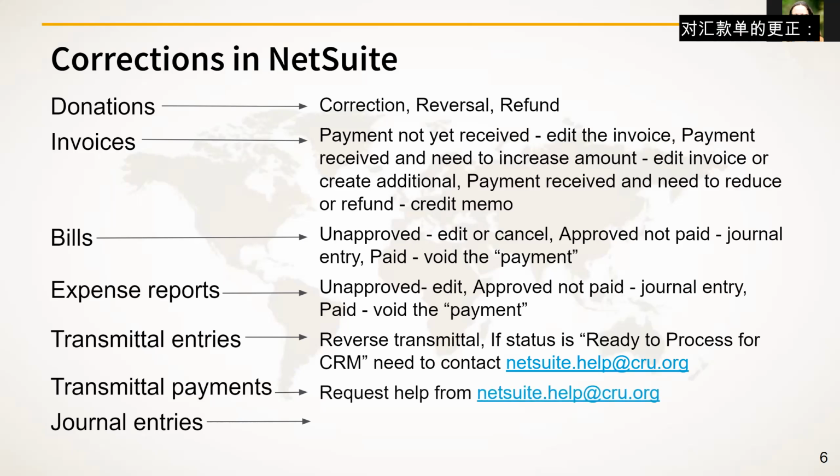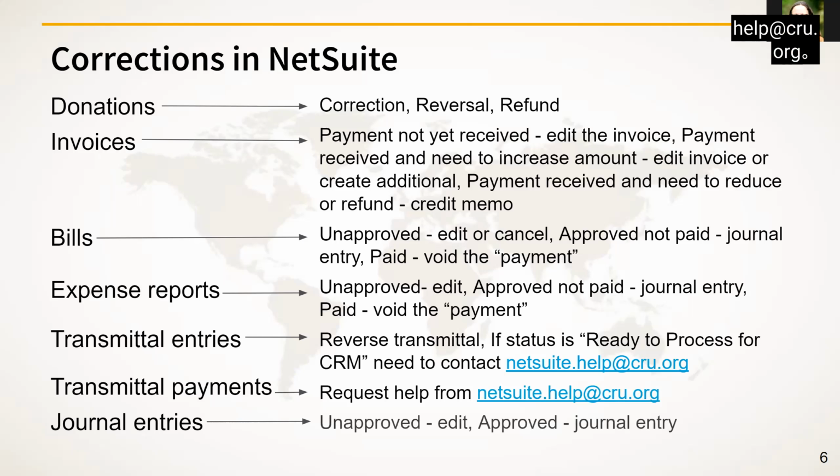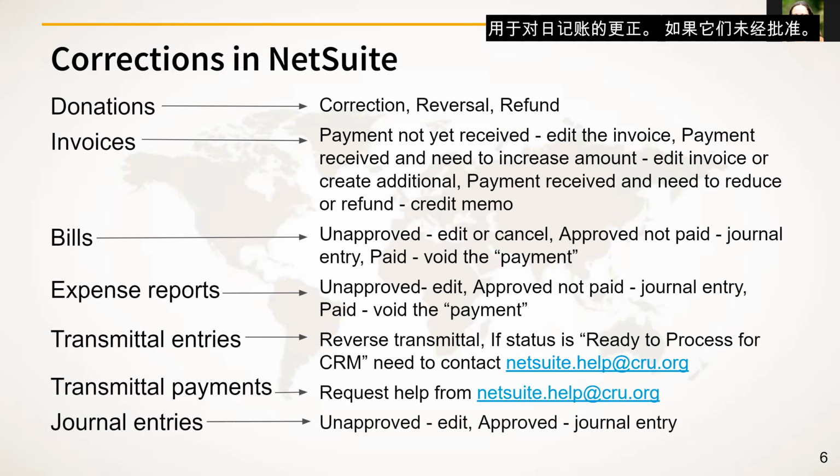For transmittal payment corrections, you need to request help from netsuite.help@crew.org. For corrections to journal entries, if they are unapproved, you can edit them directly. If they've already been approved, you need to create a new journal entry, including the correction.